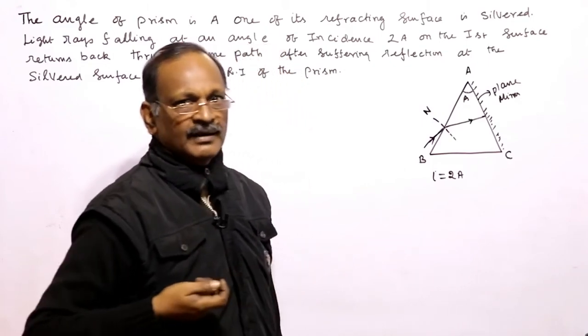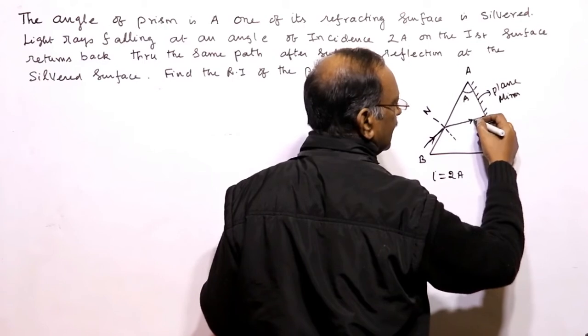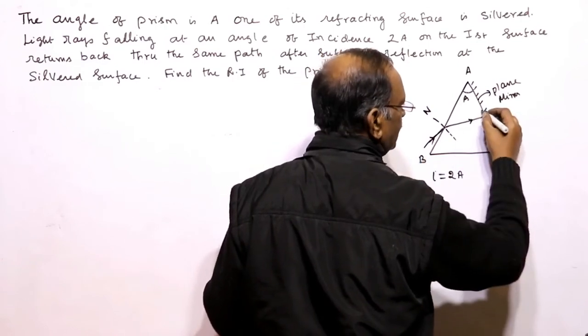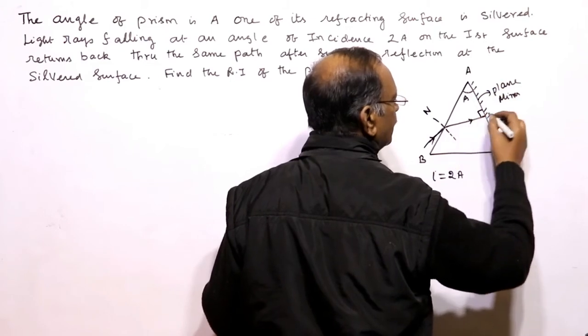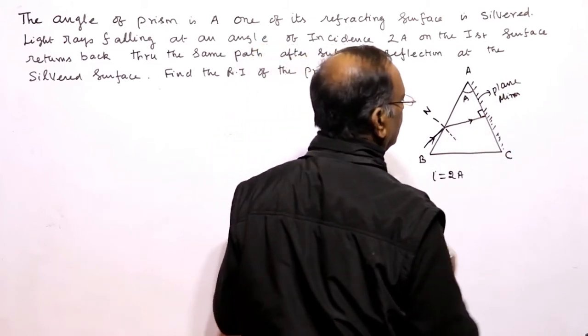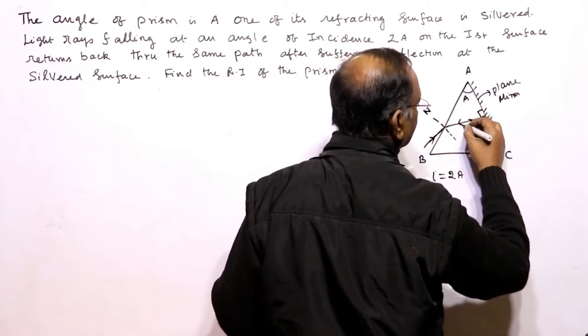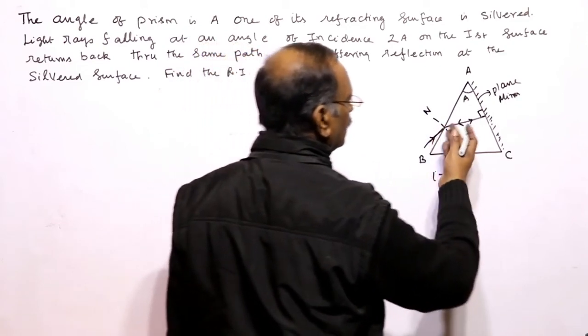Then only will it come back with the same angle. So the angle of incidence should be equal to 0, so that the angle of reflection will also be 0. It means the ray becomes normal to the surface, falling perpendicular to the plane of the mirror. Then it returns back and follows the same path after reflection.